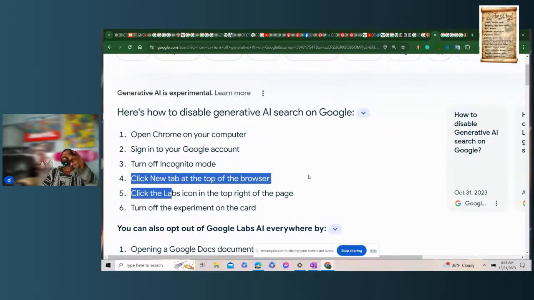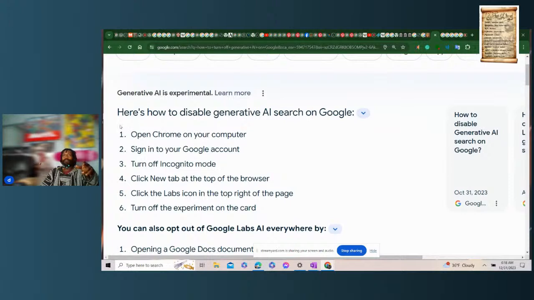Yo, listen to the instructions on how to disable AI. You ready? Go incognito. Wait, you said go incognito. It tells me to turn off incognito, and I ain't even in incognito mode. We'll turn it on and then turn it off. I know, that's the trick. Check it out. This is ridiculous.